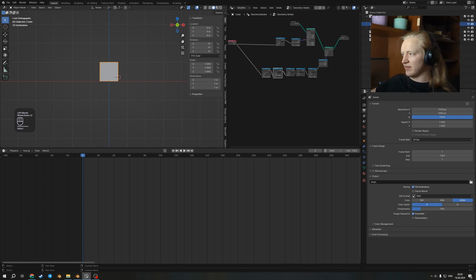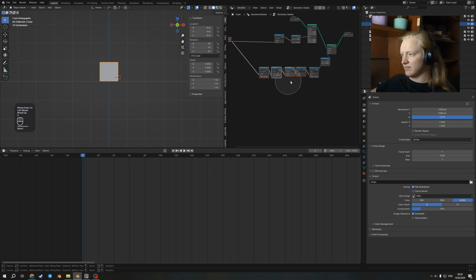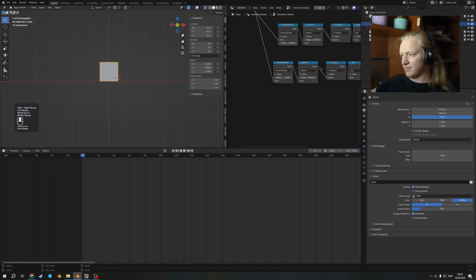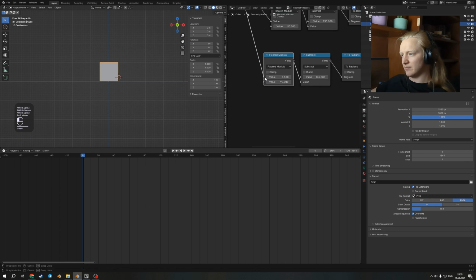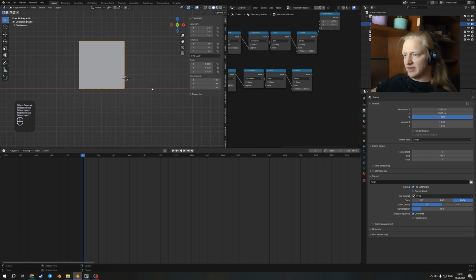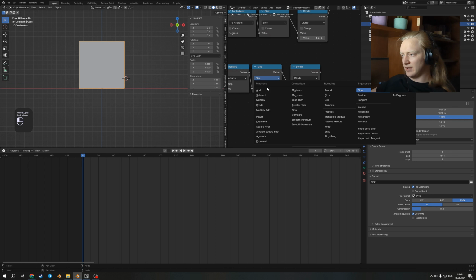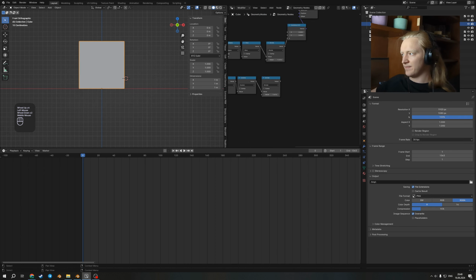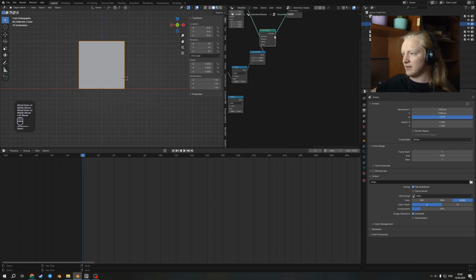And now let's just duplicate it, because it's going to be basically the same math. Make sure you plug the value into the top one. And for the x-axis offset, we need to use cosine instead of sine. And let's use another set position node.